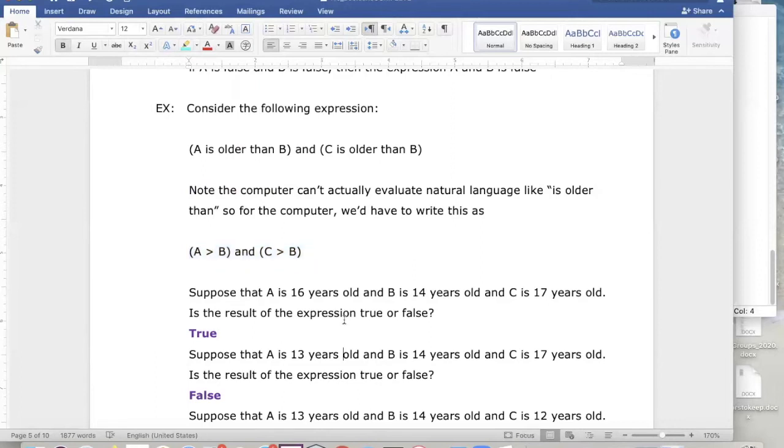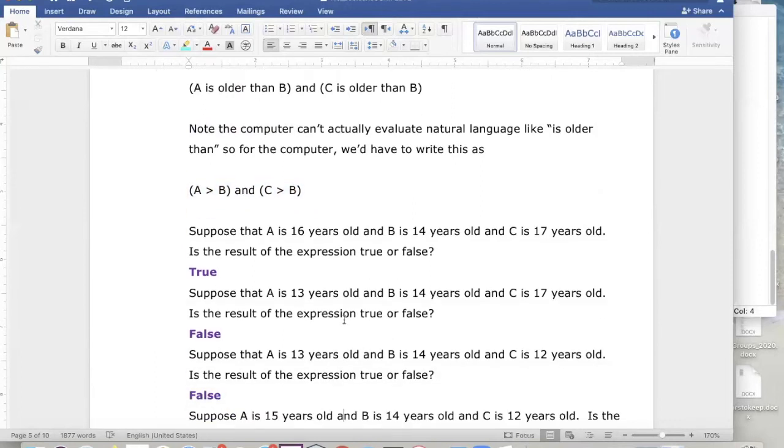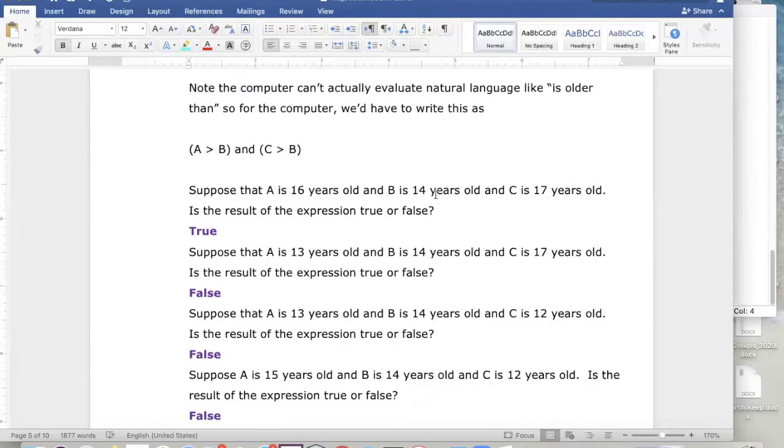Let's try it out with some different ages. Suppose that person A is 16 years old and person B is 14 years old and person C is 17 years old. If we were trying to see is A greater than B and is C greater than B, what would the answer to that be? Well, A is greater than B, 16 is bigger than 14, and C is also greater than B, 17 is greater than 14.